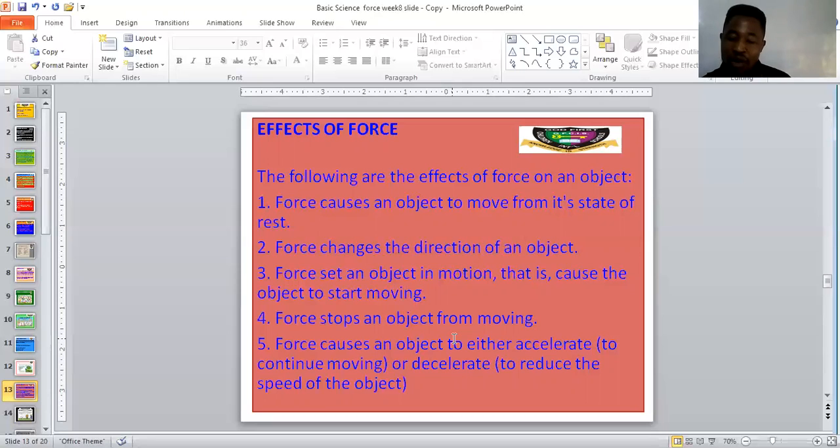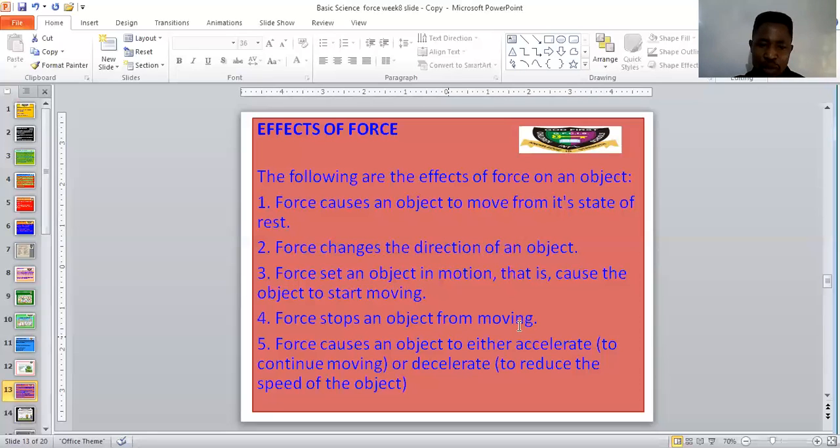A paper that was lying gently on the table will not fly until you turn on your fan, and the wind that blows around the house can blow the paper from where it was to a new direction. So force sets an object in motion. Motion means movement. When something is in motion, that thing is moving, and it will continue to move until an equal opposite force is applied to it. So the thing can either change direction or stop moving. I hope that is clear.